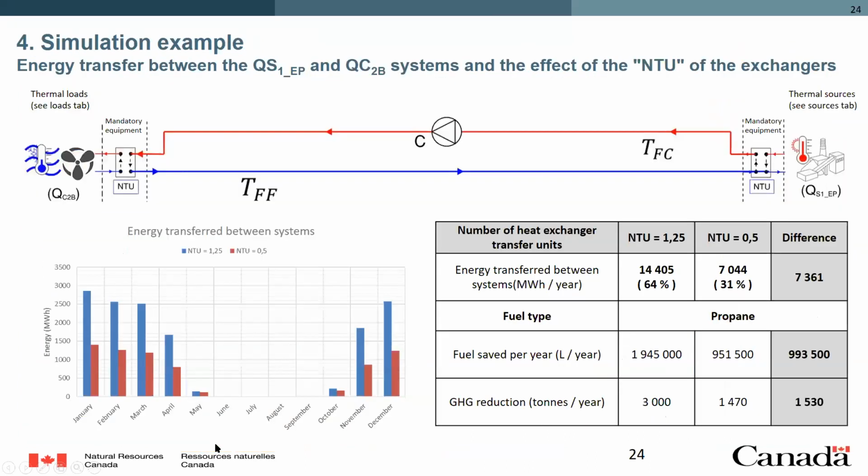Okay. So if we select only the thermal source of the plant filtration system and the fresh air system as a load, with an NTU of 1.25, the simulator will estimate the energy transfer between the source and the load, which is about 64% of the energy.